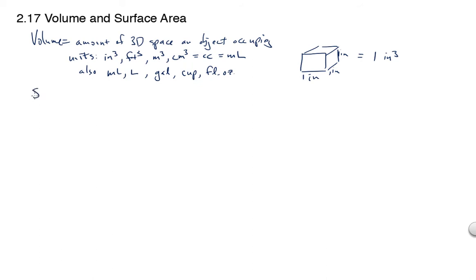So yeah, surface area on the other hand is the area occupied by the surface of a 3D object. So the area basically on the faces or exterior surface of a 3D object.